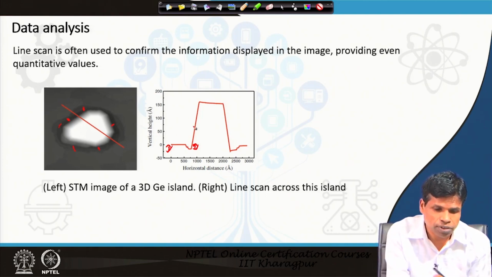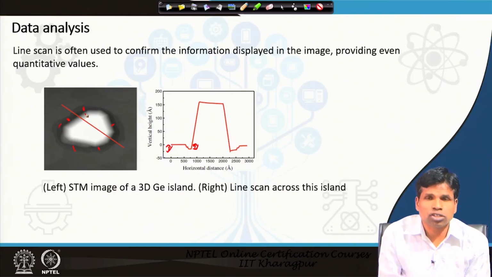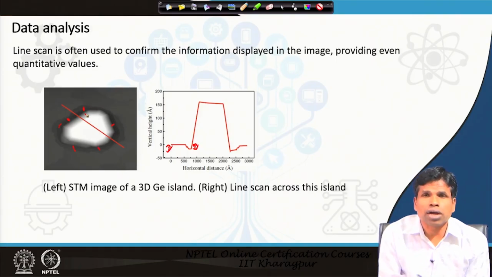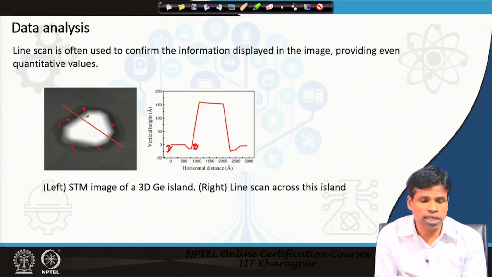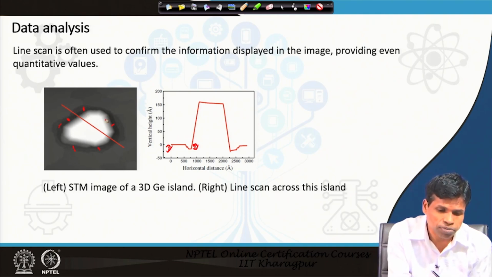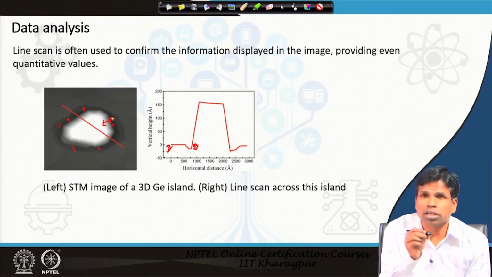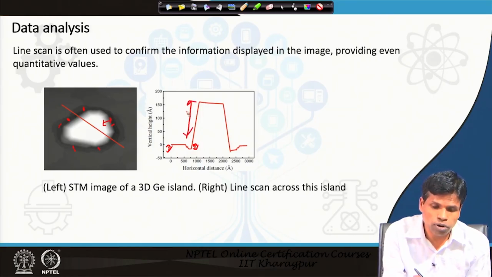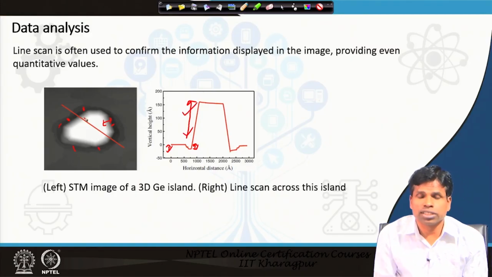In addition to that, we certainly know it is a 3-dimensional image from other microscopic techniques such as SEM and helium ion microscope. In these cases also, from the brightness or darkness difference, we can certainly know the 3-dimensional image, but it is very difficult to make an accurate measurement of this height, how much above the surface. That we could do in these cases by measuring a line scan.